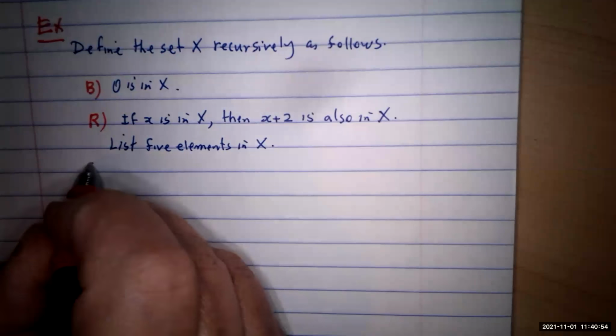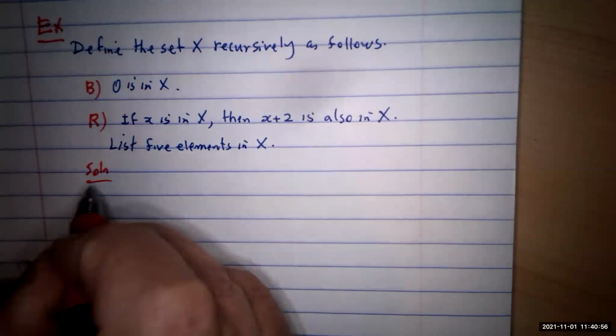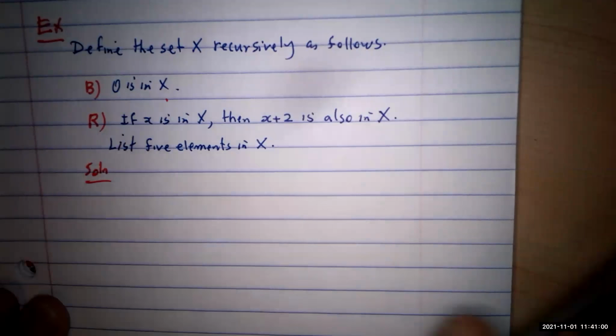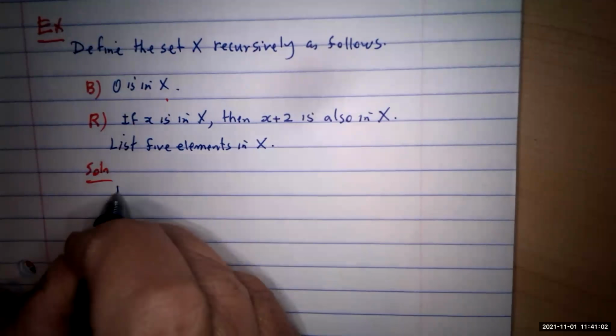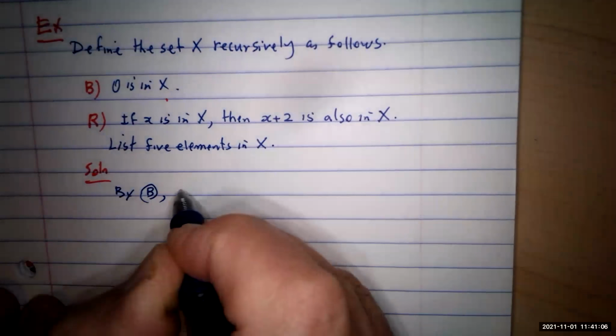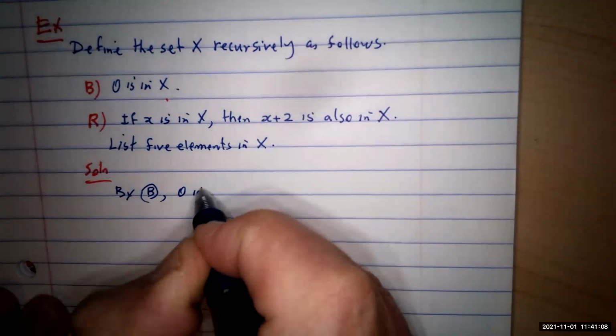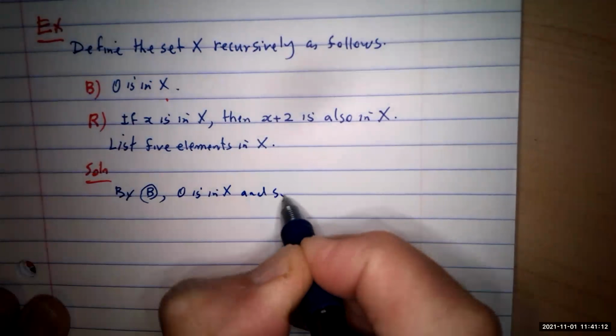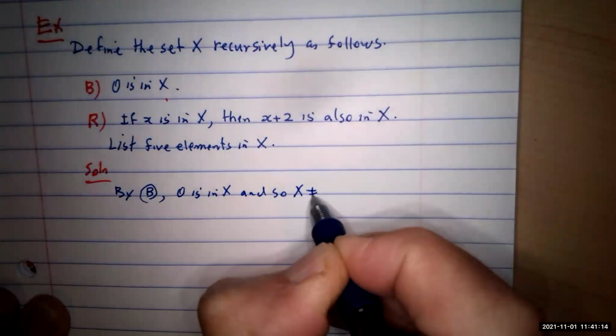Are you ready? This is it. Start with the basic part. By B, 0 is in X, and so X is not empty.